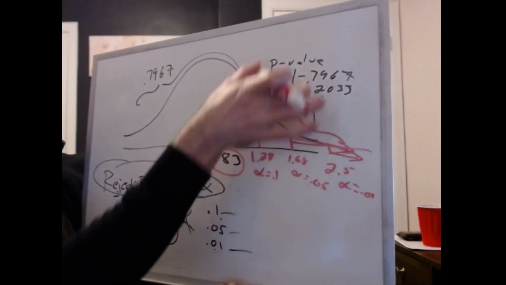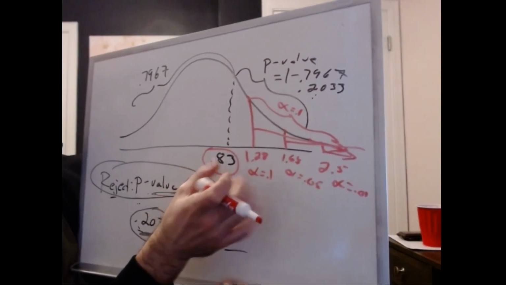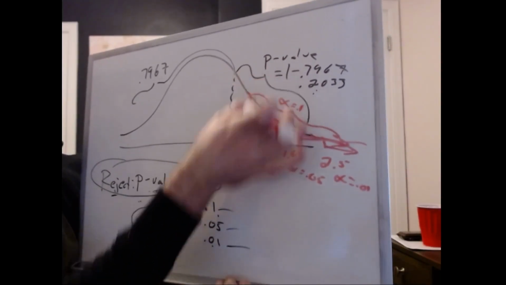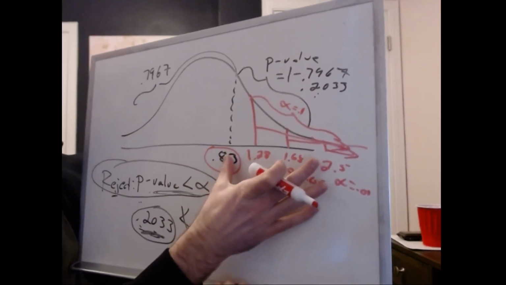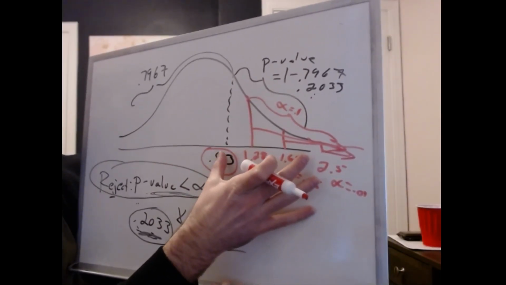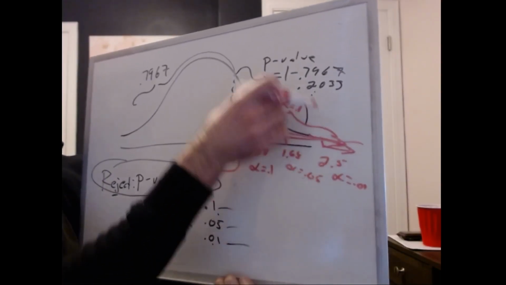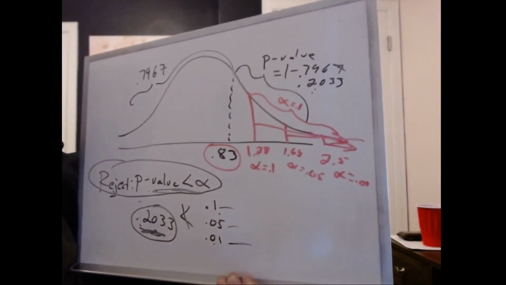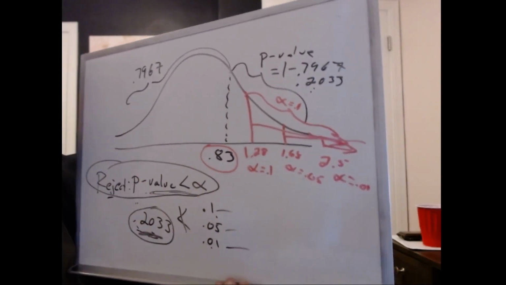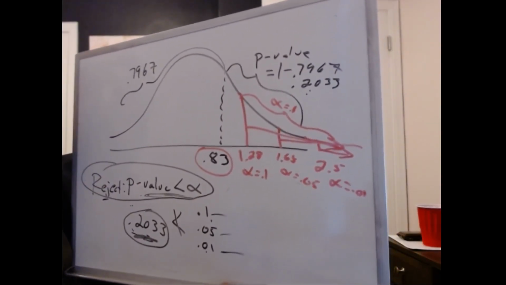So if I compare alpha to the p-value, I can get a rejection decision. So I could compare areas here, or I could compare what's on the x-axis. I can compare the critical values to my test statistic. Either way, those two things are tied to each other, so I'll end up with the same decision.